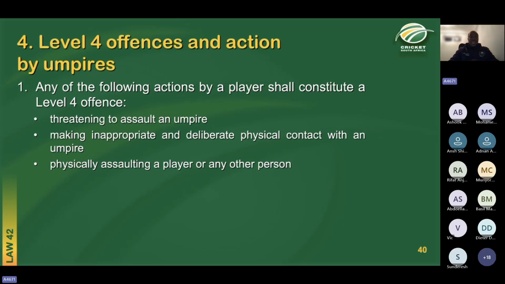Physically assaulting a player or any other person will also be considered a level 4 offense. Committing any other act of violence is considered a level 4 offense.